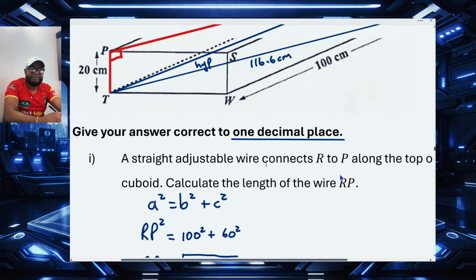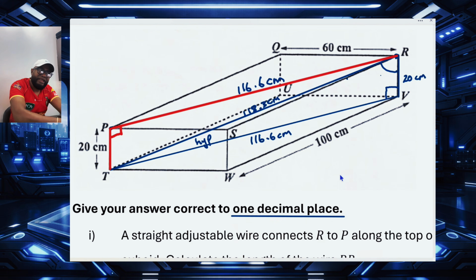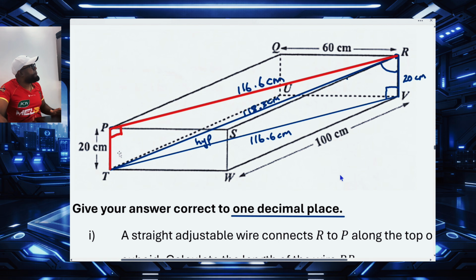Guys, please note that when I say opposite, if the angle is up here, the opposite side could never be one of the sides forming the angle. So it could never be TR and it could never be RV. Your opposite side will be the side that is opposite the angle. That's where I got the 116 from.